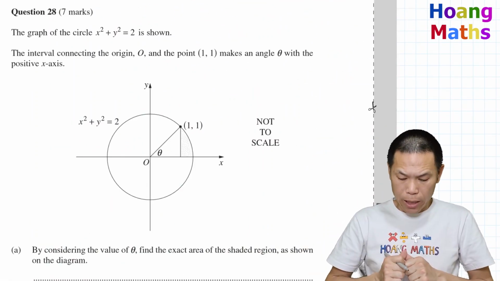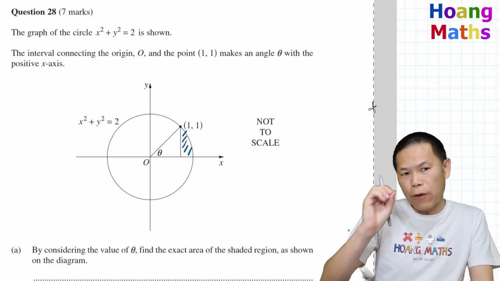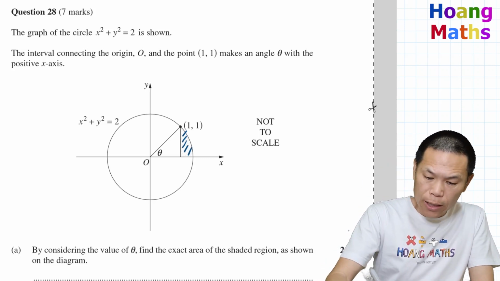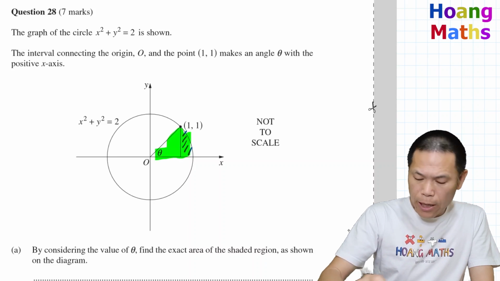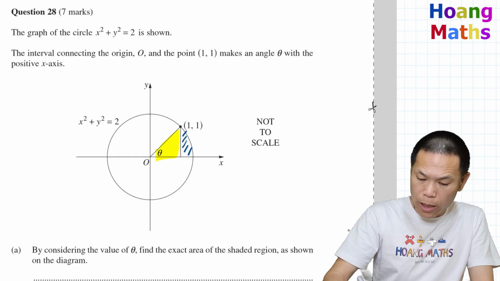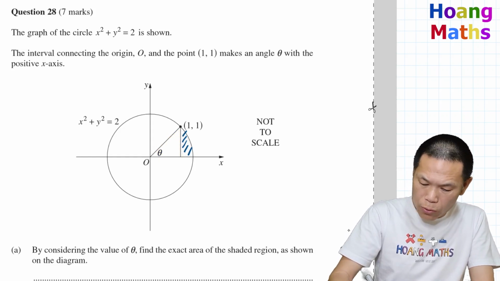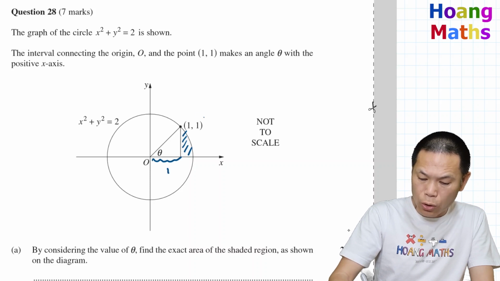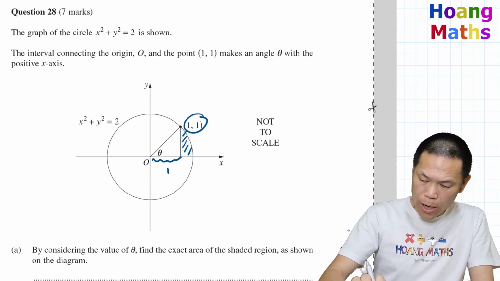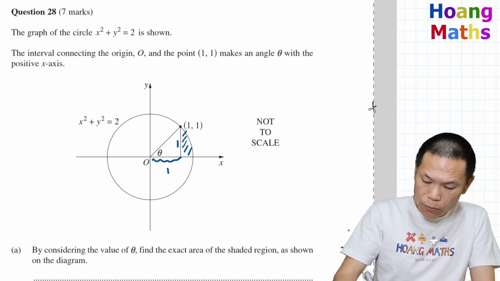Question 28. To work out the area of this, we need to find the area of the sector, that is this area here, and then we need to minus this triangle here, the area of this triangle. Keep that in mind. From here to here is 1 because the coordinate is (1, 1), and the y is 1 as well. So this is a right angle triangle.